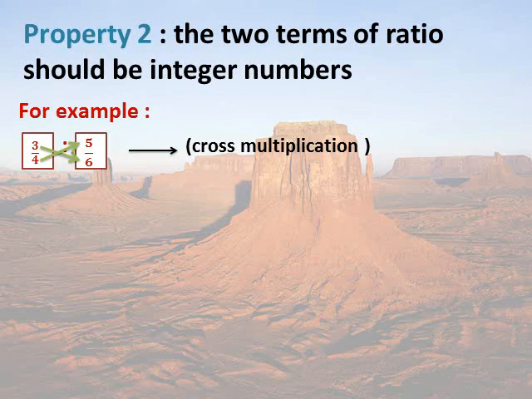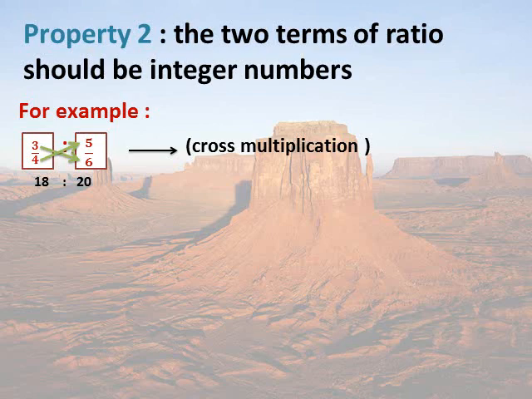3 times 6 equals 18. 5 times 4 equals 20. Now the two terms are integer numbers: 18 to 20. We must get the ratio in its simplest form.